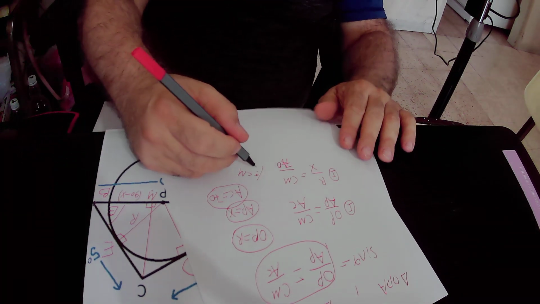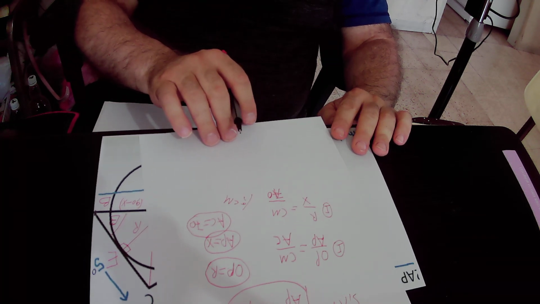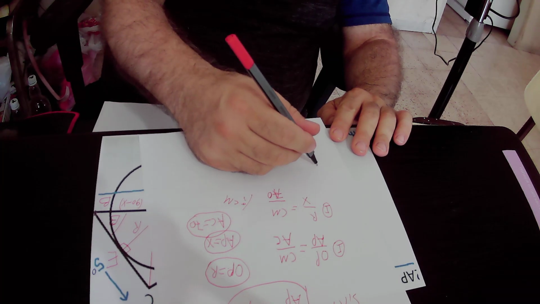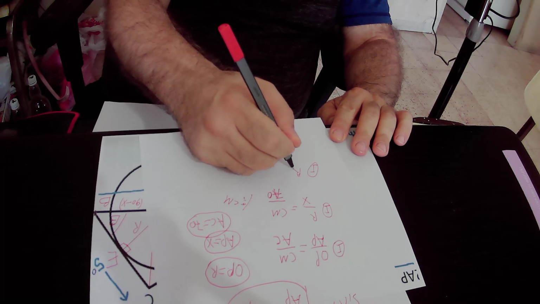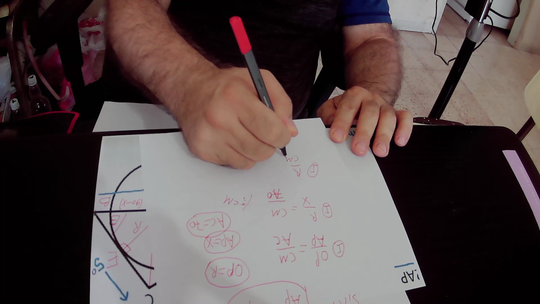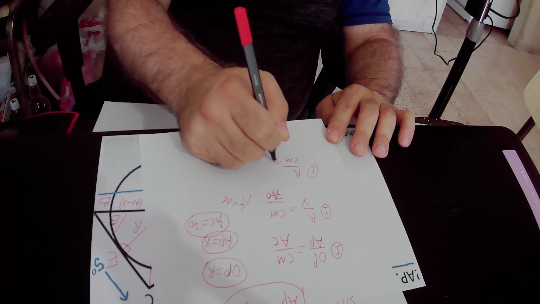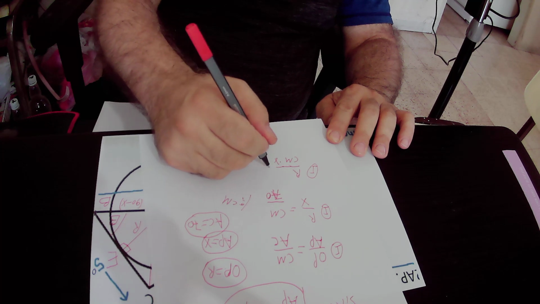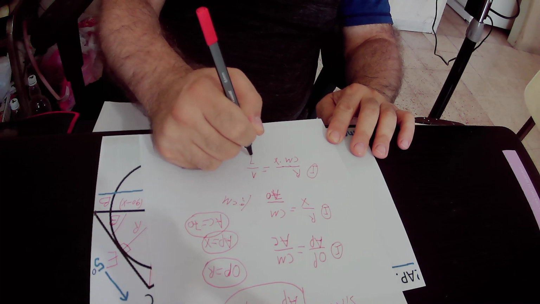Okay, so we'll get that R over CM times X equals 1 over 70.